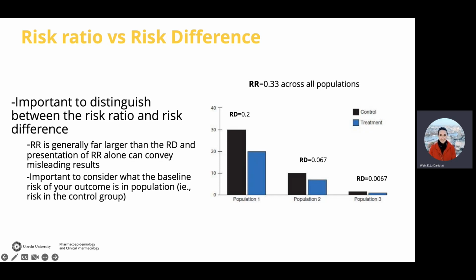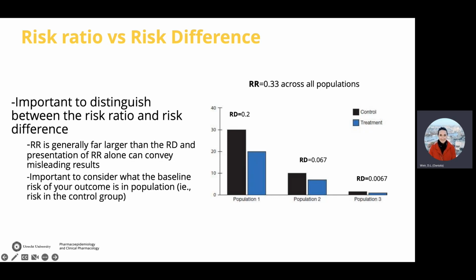Same risk ratio here, still 0.33, but the baseline risk of the outcome is much different. It's only 10%. And you can see here that the risk difference is only 0.067 for drug A within this population compared to drug B. And in this population, where the baseline risk of the outcome is very, very low, a risk ratio of 0.33 just means that the risk difference is actually 0.0067.